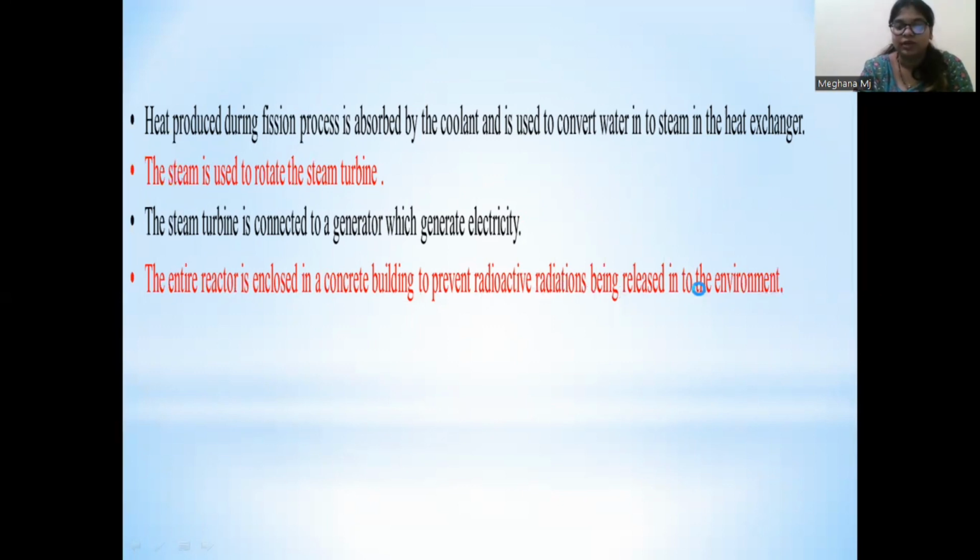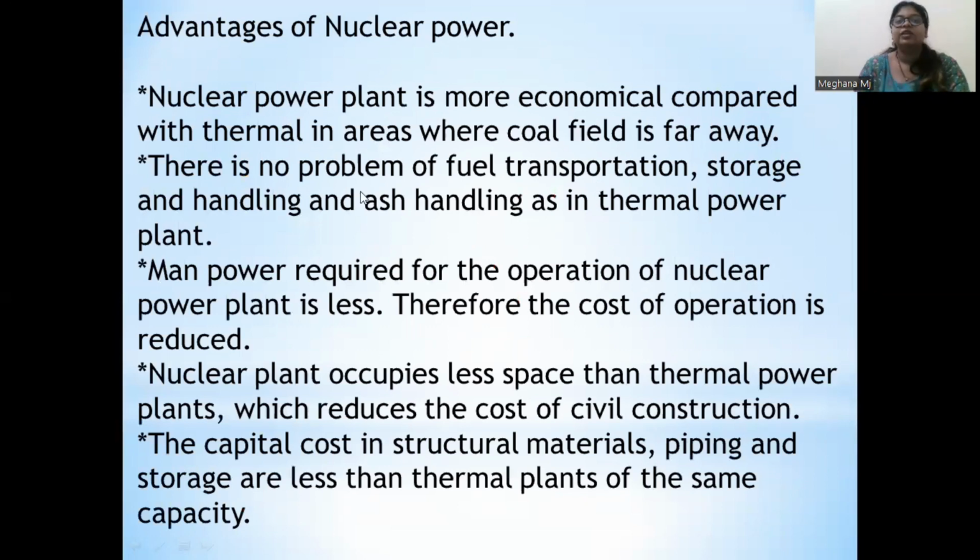The advantages of nuclear power: a nuclear power plant is more economical compared with thermal in areas where the coal field is far away. The second advantage is there is no problem of fuel transportation, storage and handling, and ash handling as in a thermal power plant. The third advantage is that the manpower required for the operation of a nuclear power plant is less.